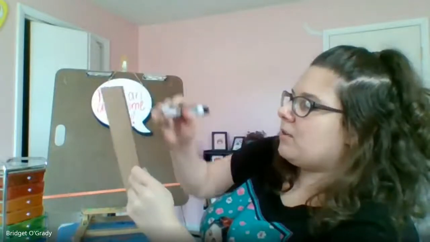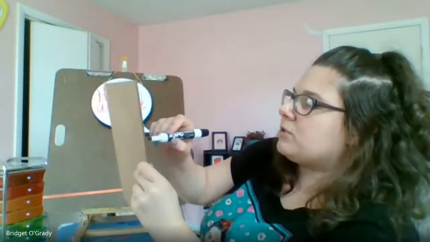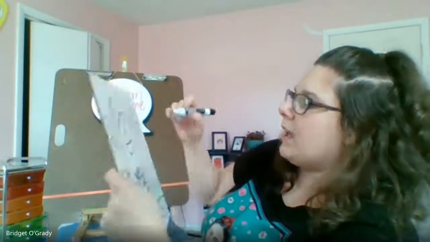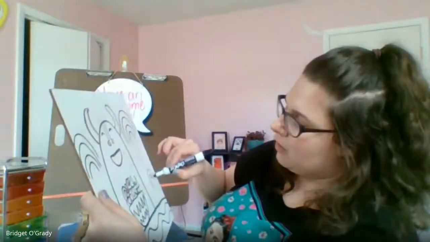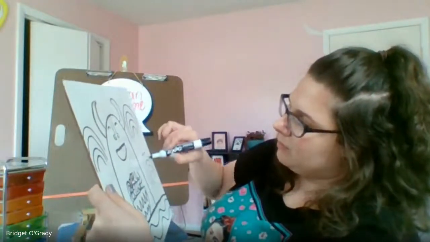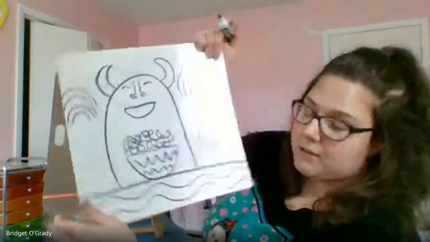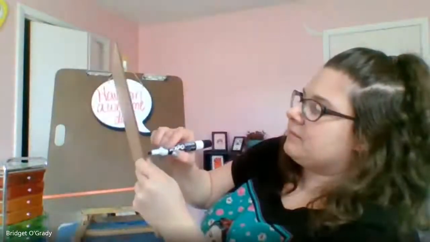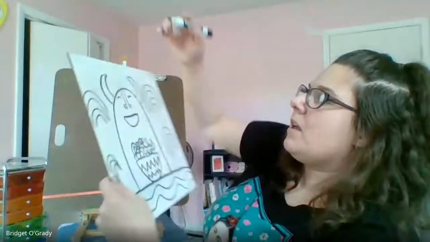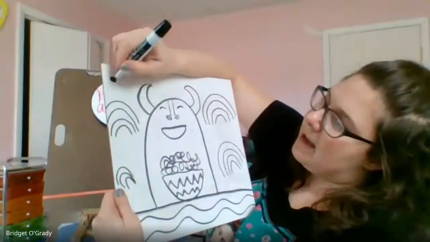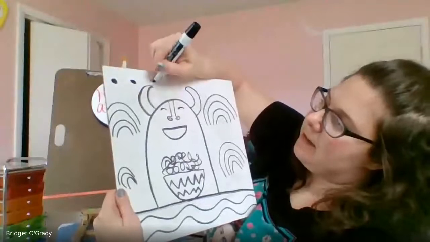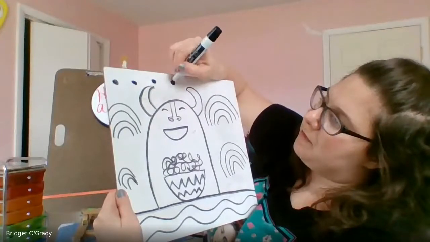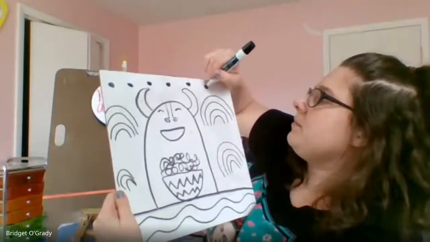And remember, if you just have a pencil or marker, that's okay. We can still draw lines to make it look like there's rainbows in our background. Maybe I'll also draw some dots to make a dotted line in my background too, just for fun.